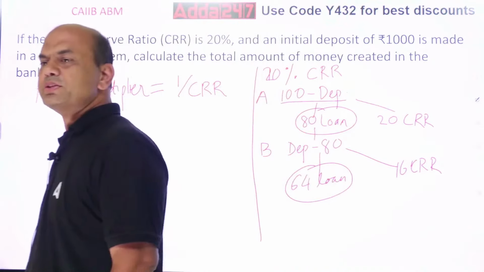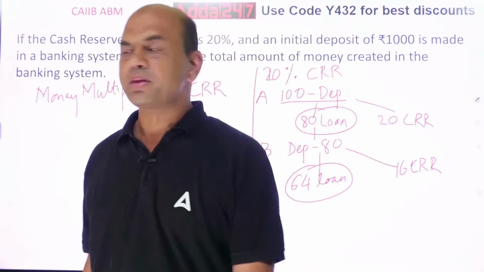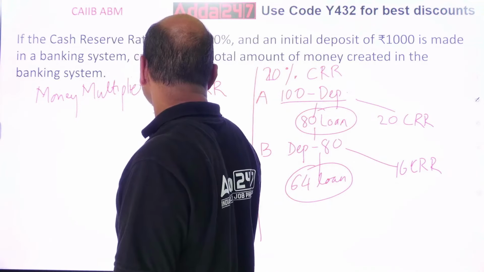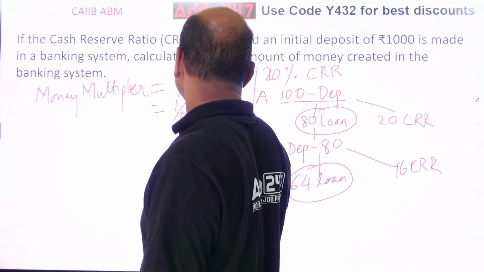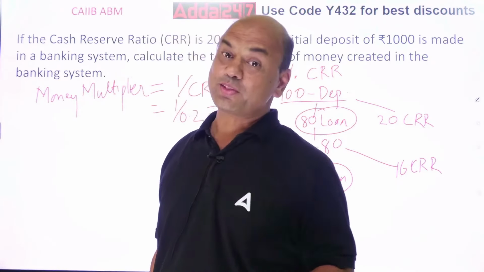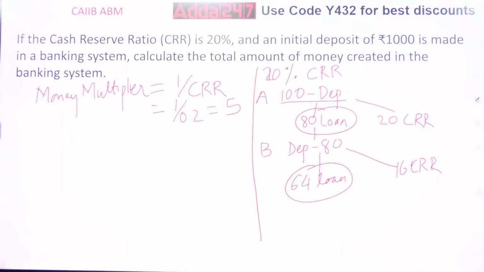Money multiplier equals 1 upon 0.2, which is 5. Now the question is, what is the amount created in the banking system?